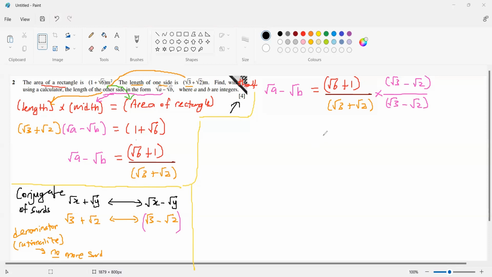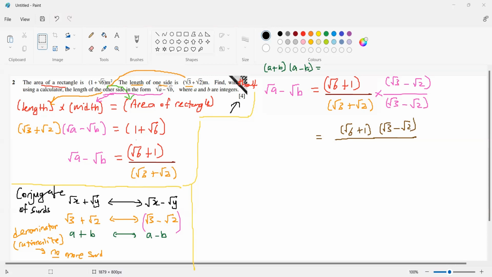Okay, now it's just a matter of simplification at this point. Okay, let's go ahead, let's do that. So we're going to rewrite nicely as we can, and just multiply straight away, also can. Okay, let's do the denominator separately first, because of the difference of 2 squares. If you notice, this is like a plus b of the same number, and this part would be a minus b of the same number as well. That means a plus b times a minus b equals the difference of 2 squares.